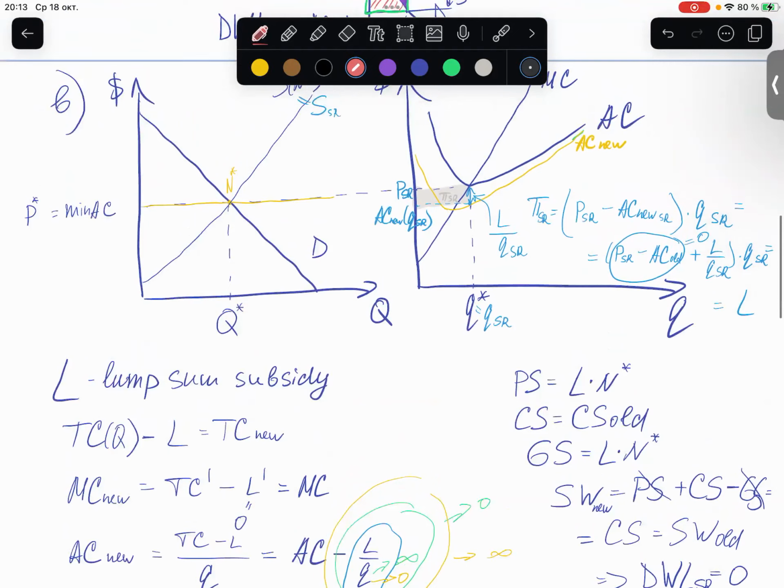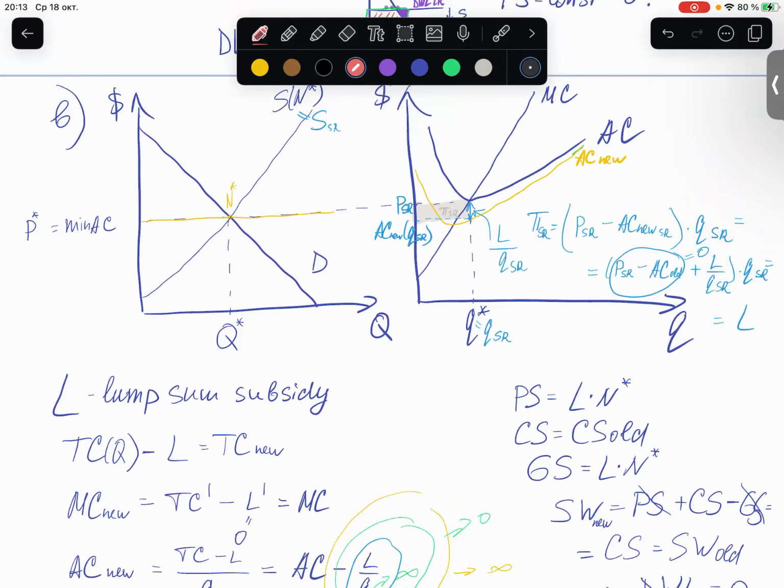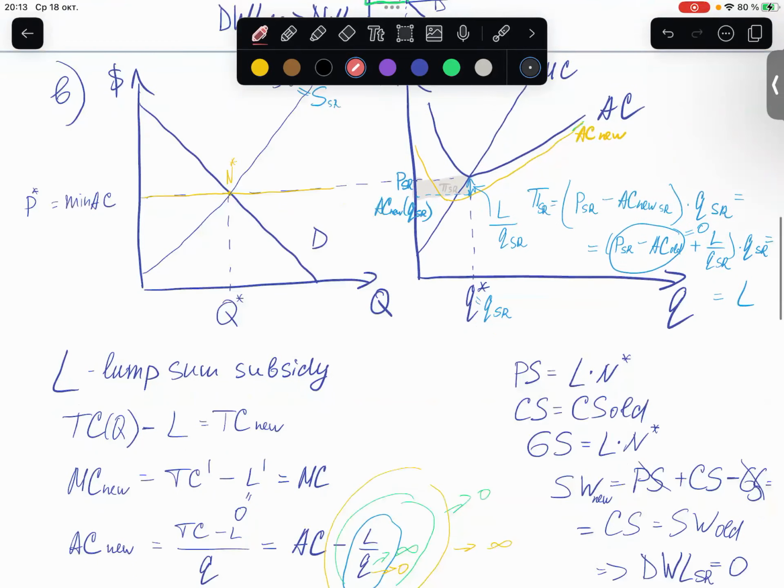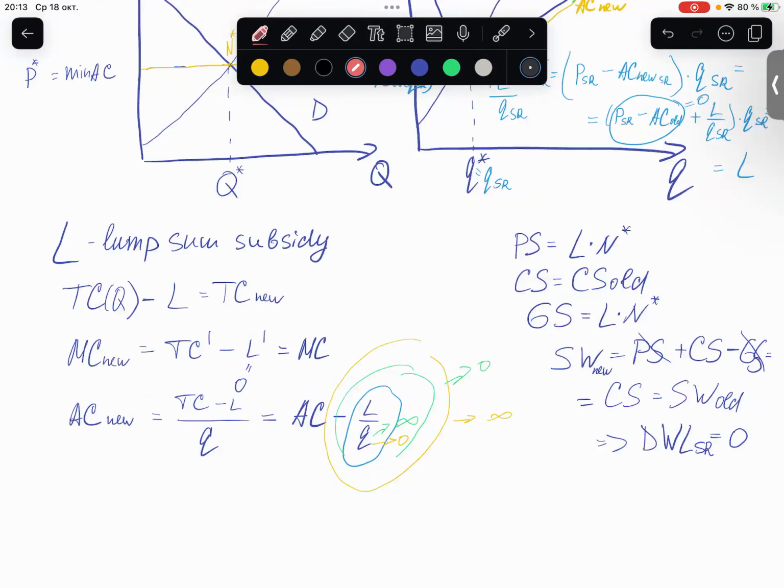In the long run, the price will go to the minimum of average costs new. Why? Because in the short run, we counted it, profit is L. It is bigger than 0. That's why firms begin to enter the market, supply increases.